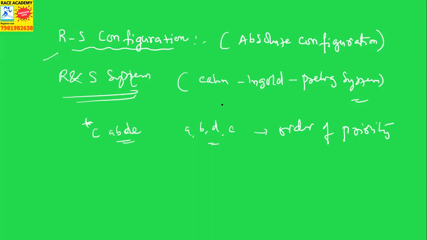For example, if you assume priorities like 1, 2, 3, 4 for these groups, then the order of priority may be stated as A greater than B greater than D greater than E. That means 1, 2, 3, 4.